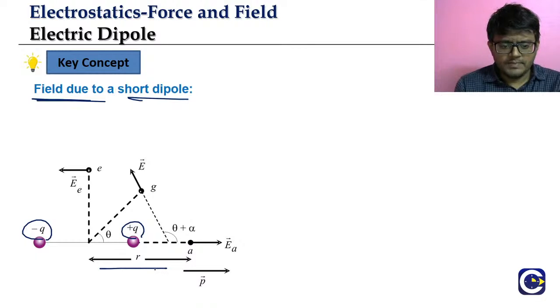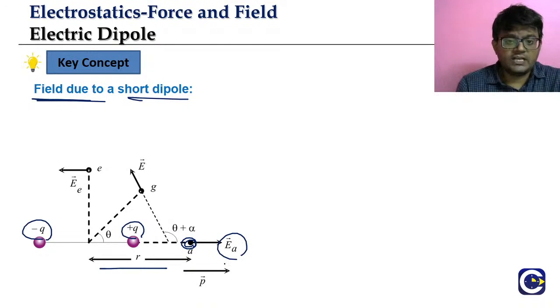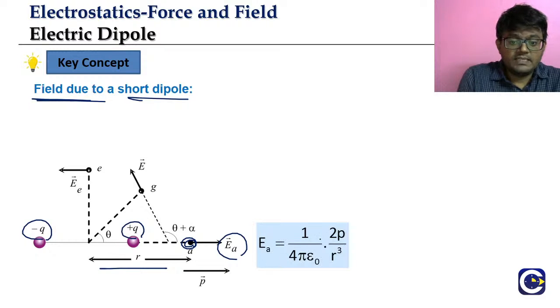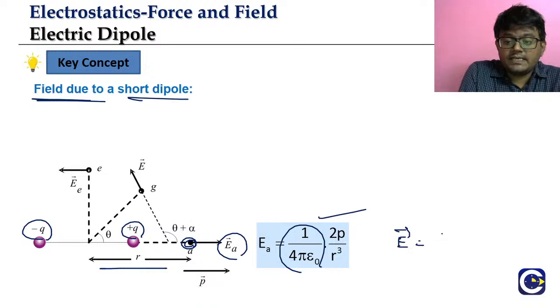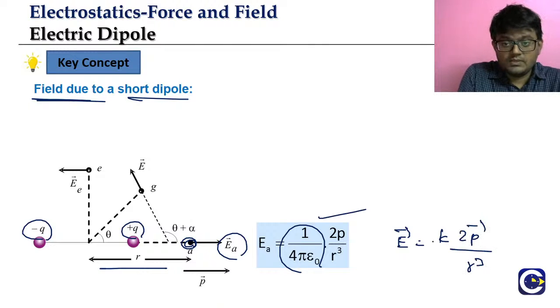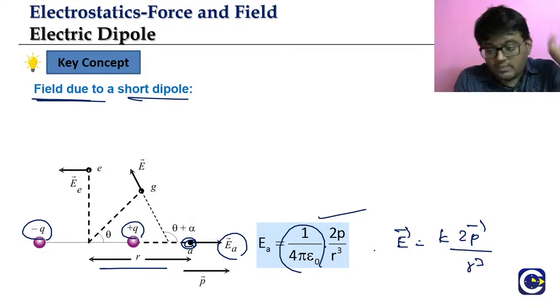First, looking at points on the axial line, what is the field on the axial line for a short dipole? K, which is 1 by 4 pi epsilon naught, into 2p by r cube. In vector form, it is K into 2p bar by r cube, because the electric field is in the same direction as the dipole moment. The magnitude is K, which is 1 by 4 pi epsilon naught, into 2p by r cube.